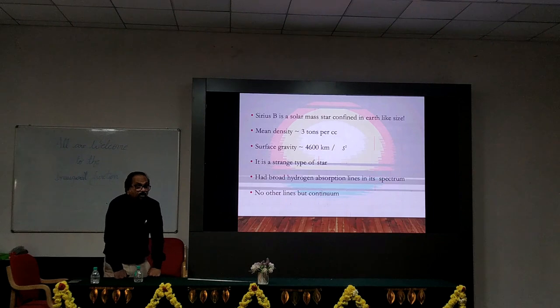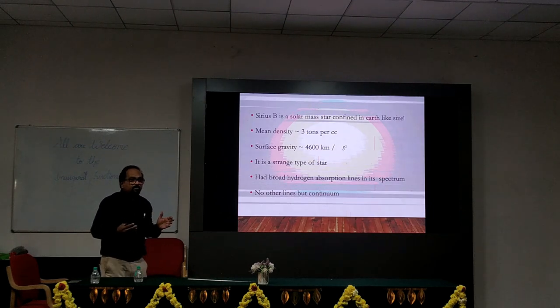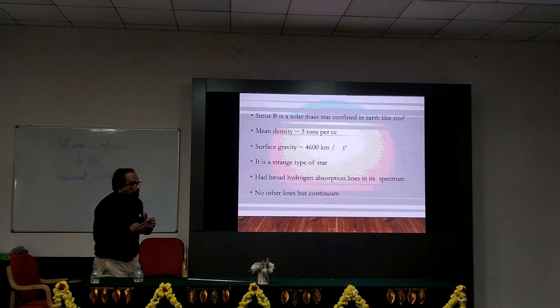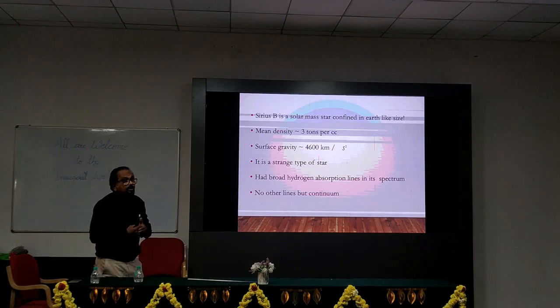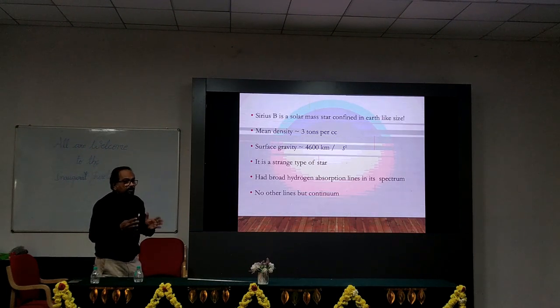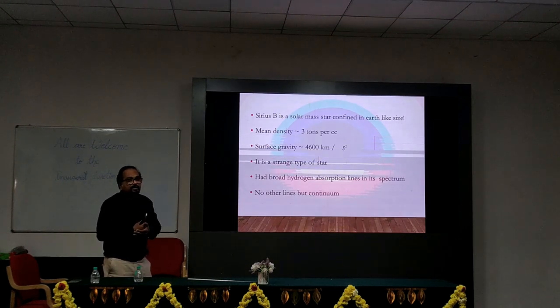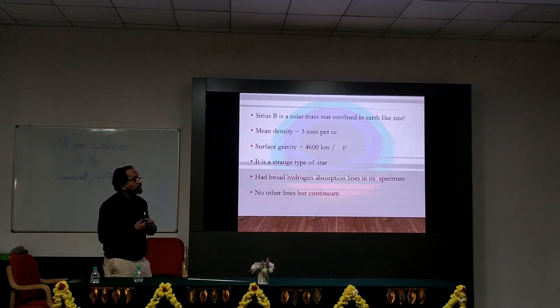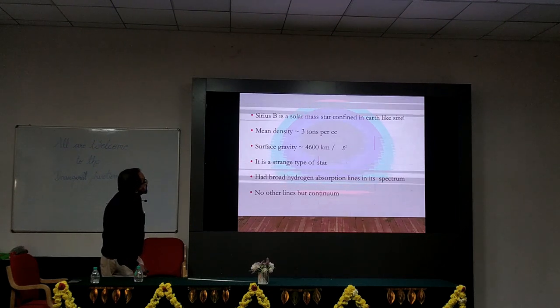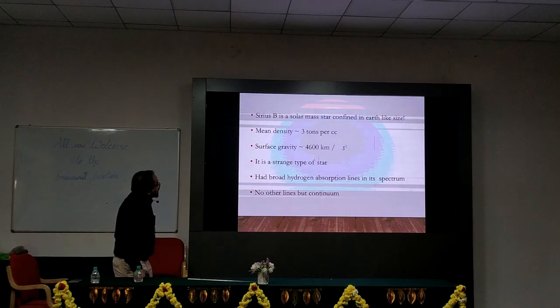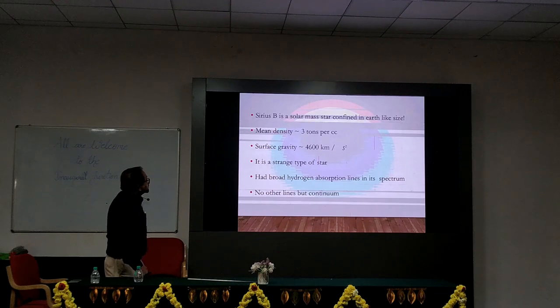Broad lines mean there is a lot of pressure: pressure broadening, temperature broadening, all these things are there. Very simple physics: when there is a lot of pressure on the material, the spectral lines get broadened. And there is a lot of pressure because of gravity.